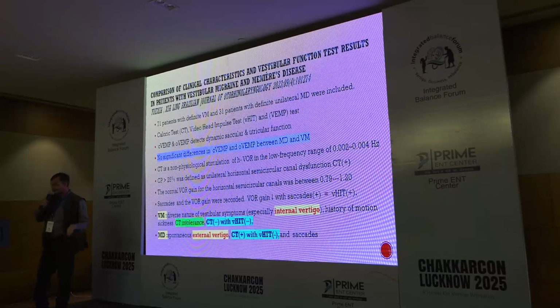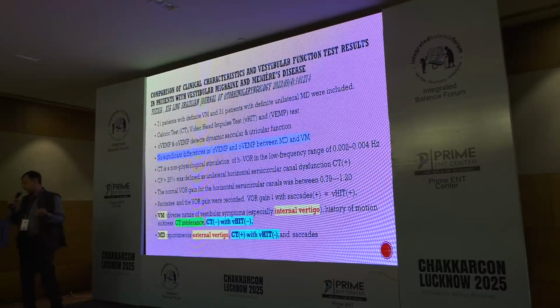What was the finding of his study? The finding of his study showed that in case of migraine-associated vertigo or vestibular migraine, there was a diverse nest of vestibular symptoms, especially internal vertigo. Now you must know what you mean by internal vertigo and external vertigo.